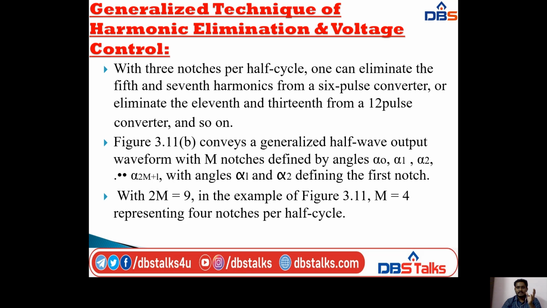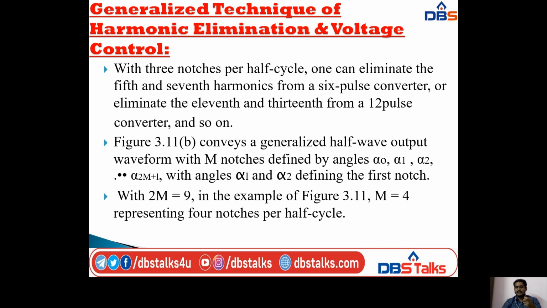Okay, these are the angles we use for the waveforms, with angles alpha 1 and alpha 2 defining the first notch. So with 2m equal to 9 in the example of figure in the 3-level converter operation, m is equal to 4 representing 4 notches per half cycle. Okay, understand? m means notches.